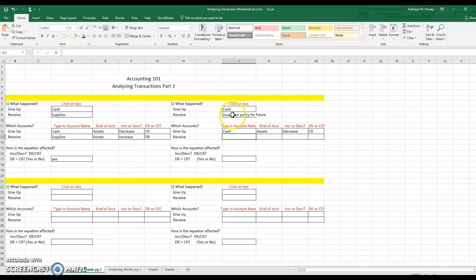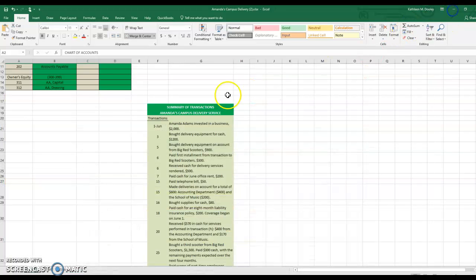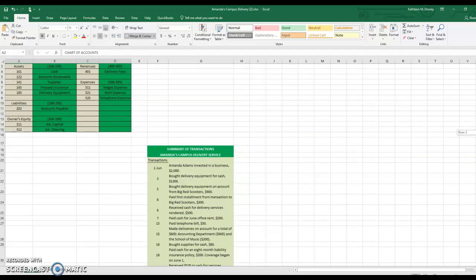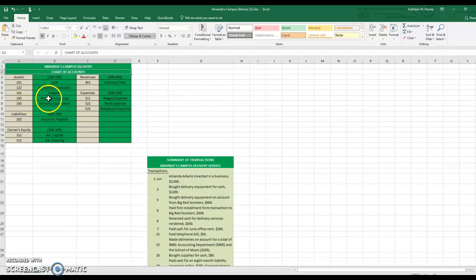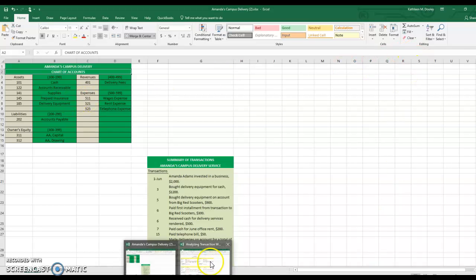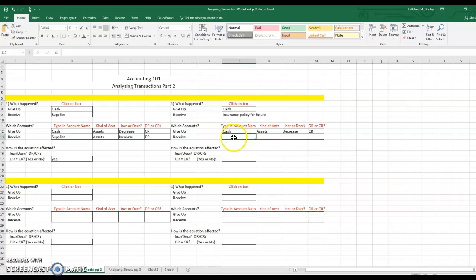For the insurance policy for the future, there should be an account in our chart of accounts called prepaid insurance, and an asset. We own that insurance policy, at least the part we haven't used yet. So prepaid insurance, that is an asset.